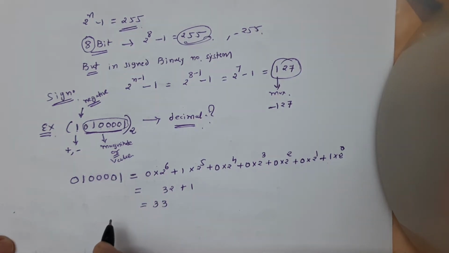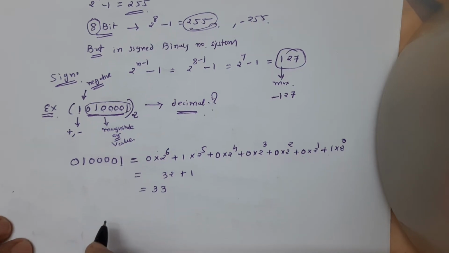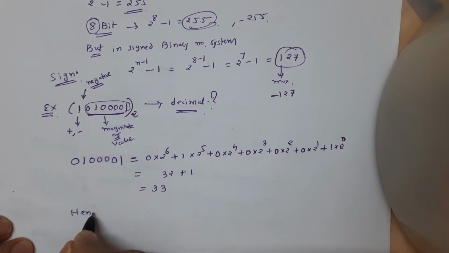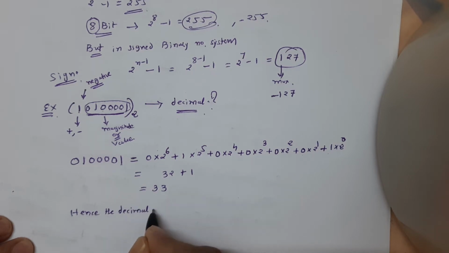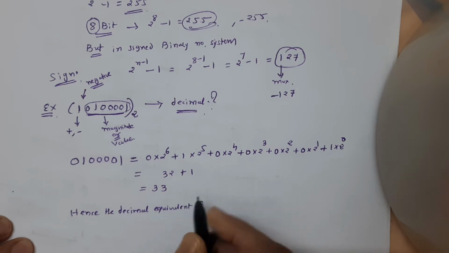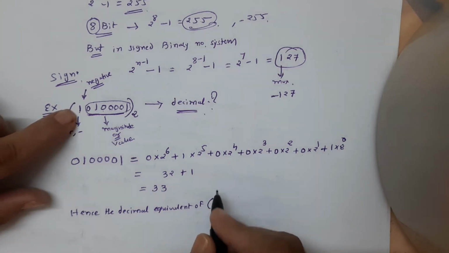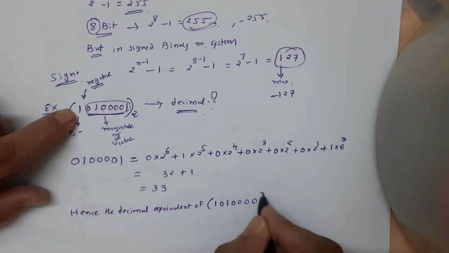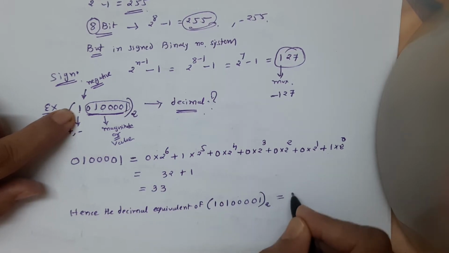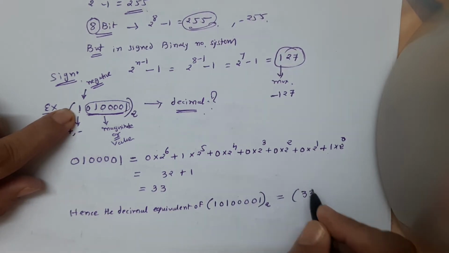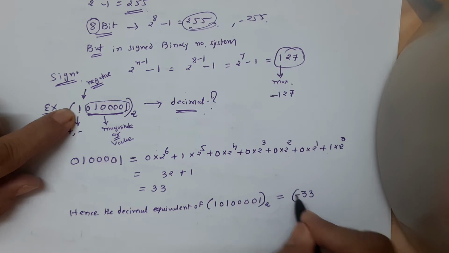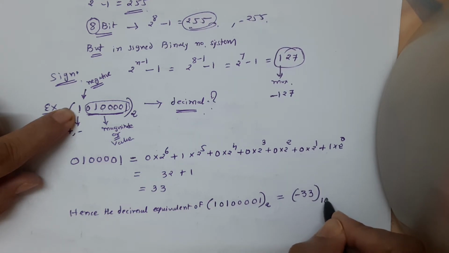Hence the decimal equivalent of the binary number 101000001 is equal to 33, but the sign is minus, and this is your decimal form.